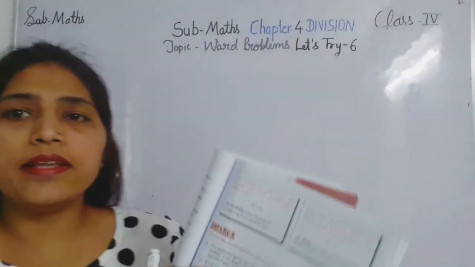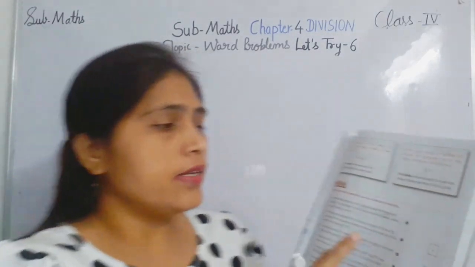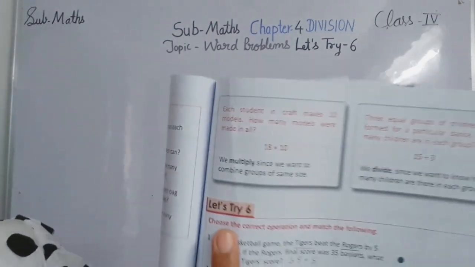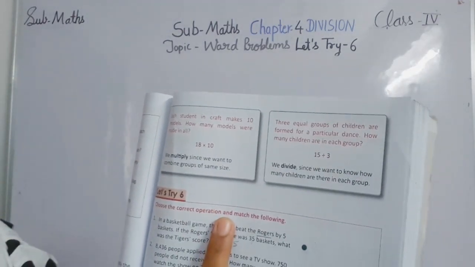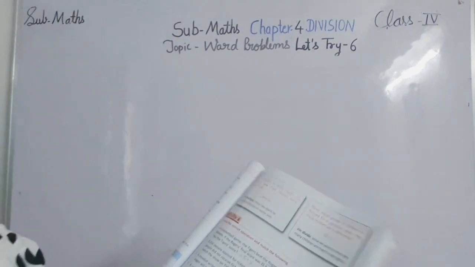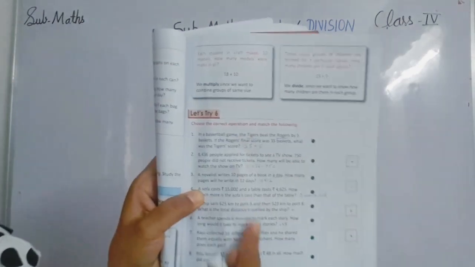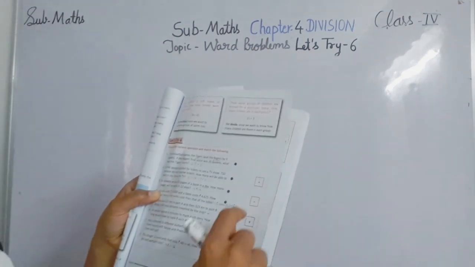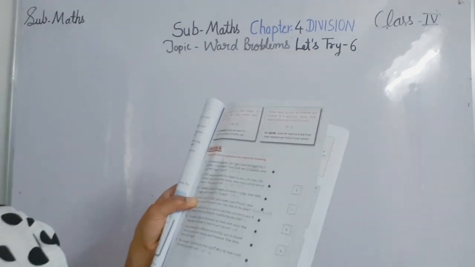First, let's read the instructions carefully. What have they given us here? Choose the correct operation and match the following. They have given us a few word problems and a few symbols here: plus, minus, division and multiplication.